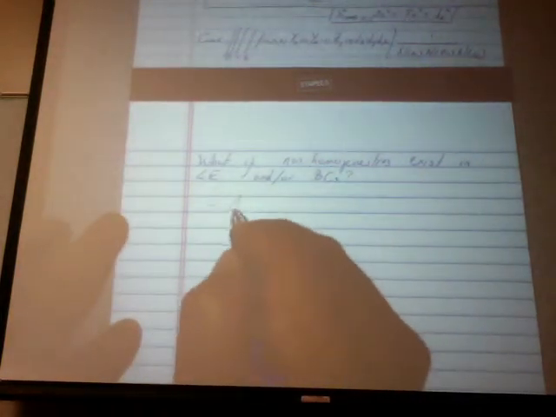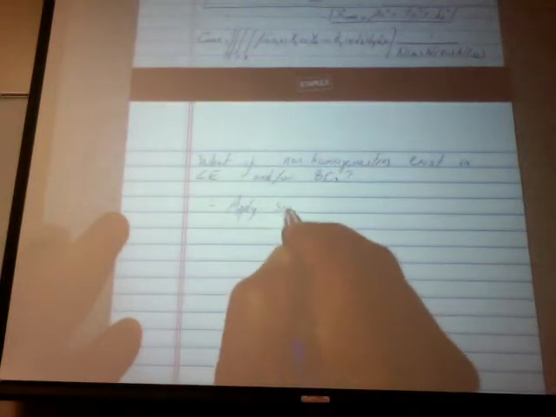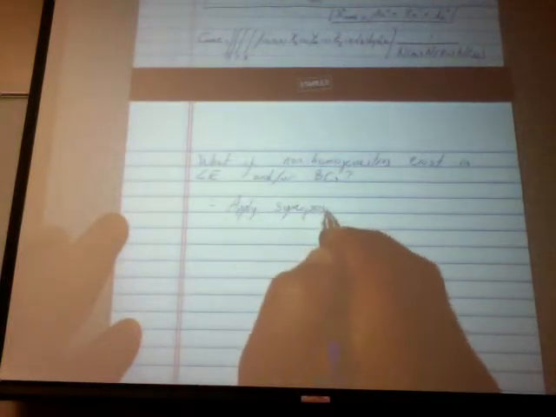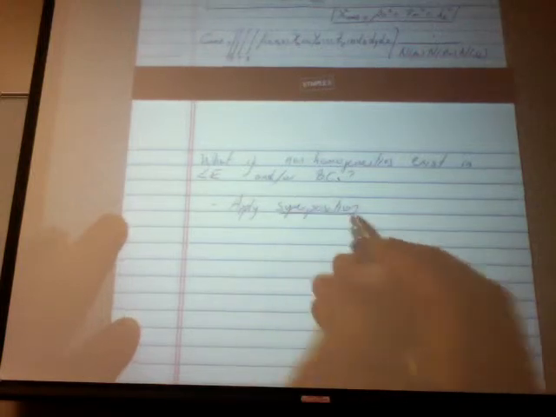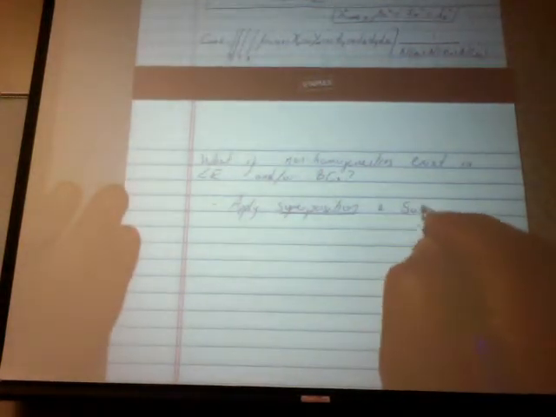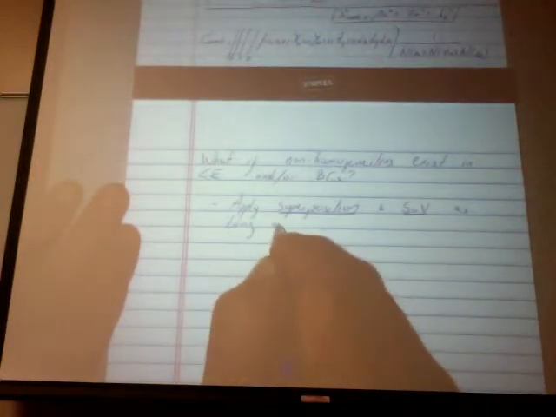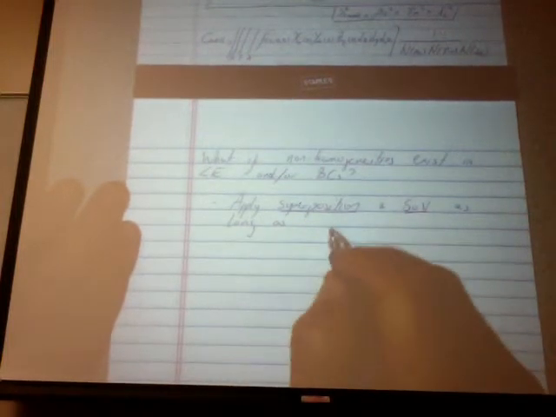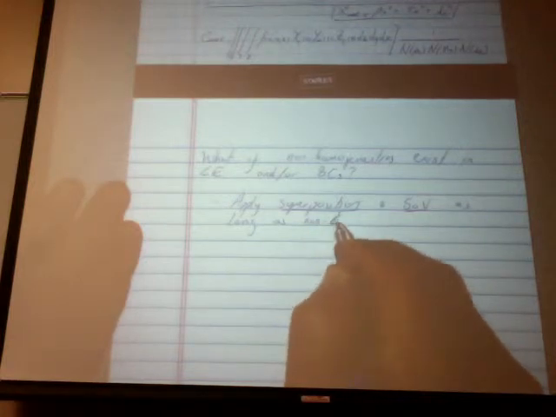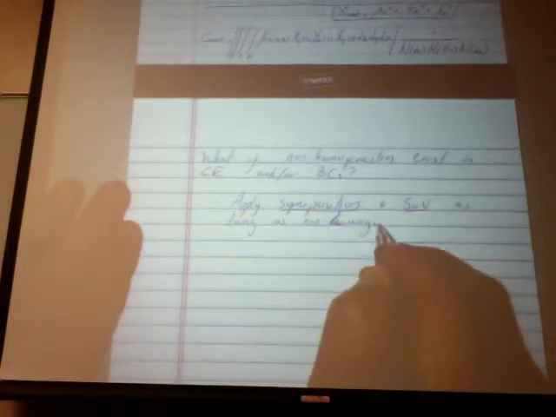Then we can apply superposition and separation of variables as long as the non-homogeneities are not time dependent.